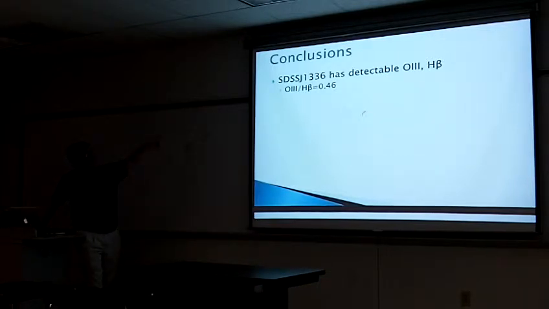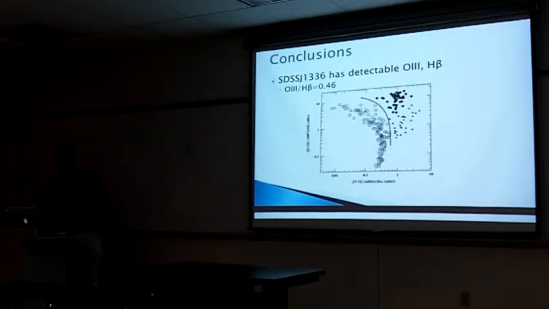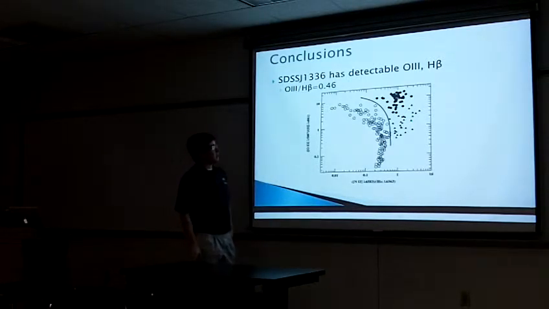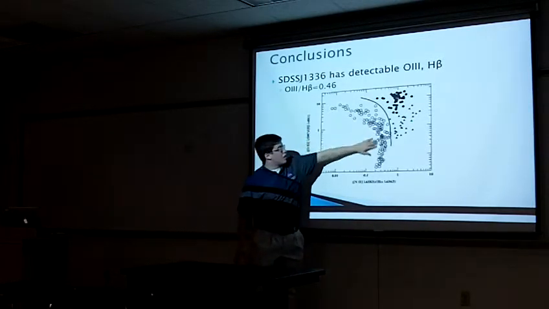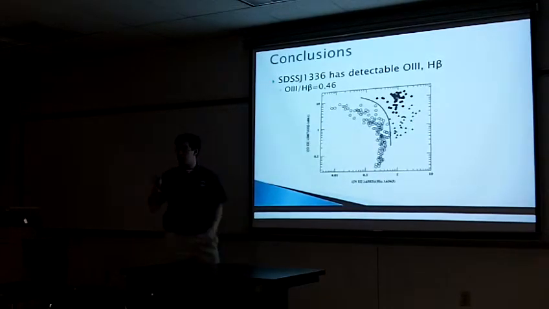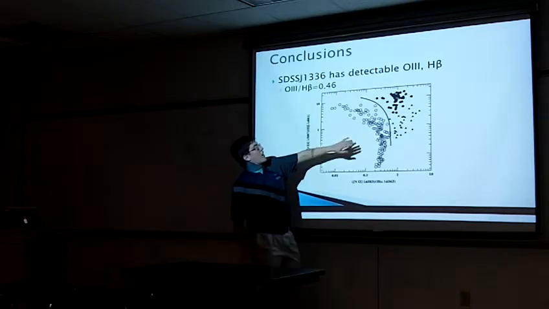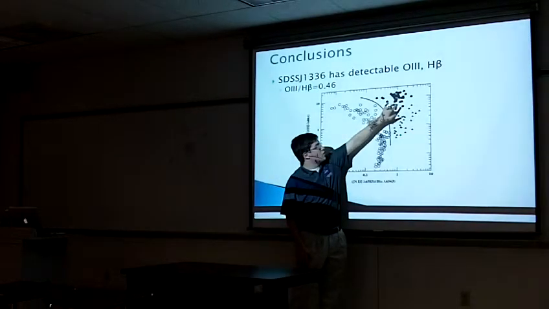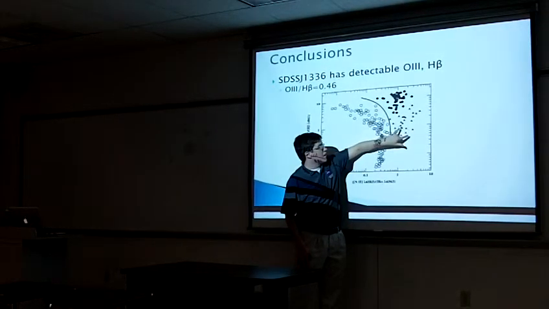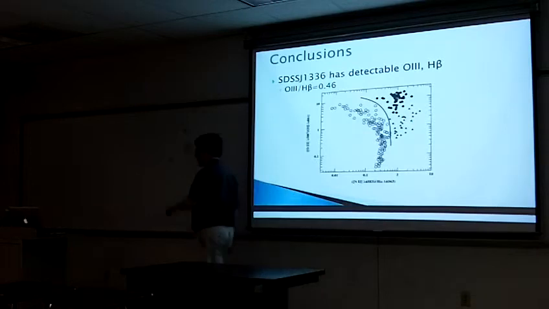Okay, so because of that emission, you're able to take a ratio of that emission and plug it into something called a BPT diagram, which looks really complicated, but it just boils down to all these are H2 regions from local star formation that you would detect, for example, within the galaxy. Your active supermassive black holes, AGN, active galaxies are up here, and then low ionization emitting galaxies are down there.